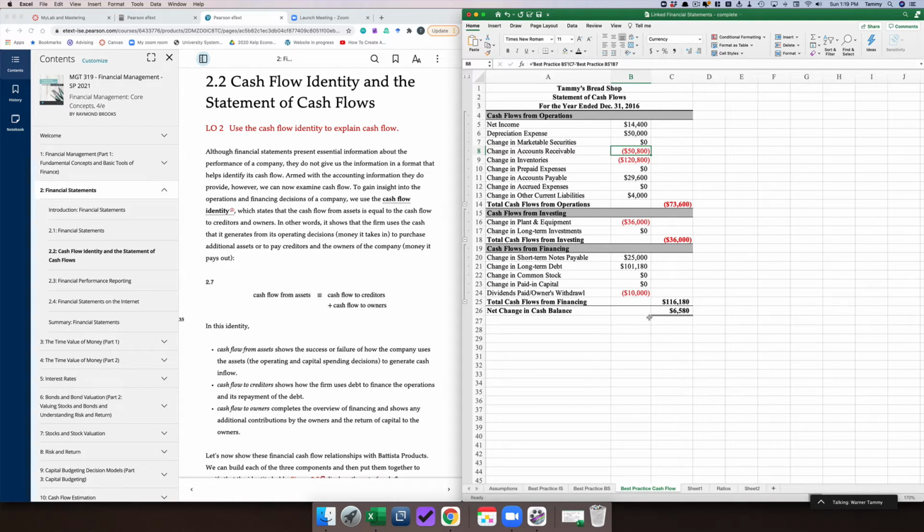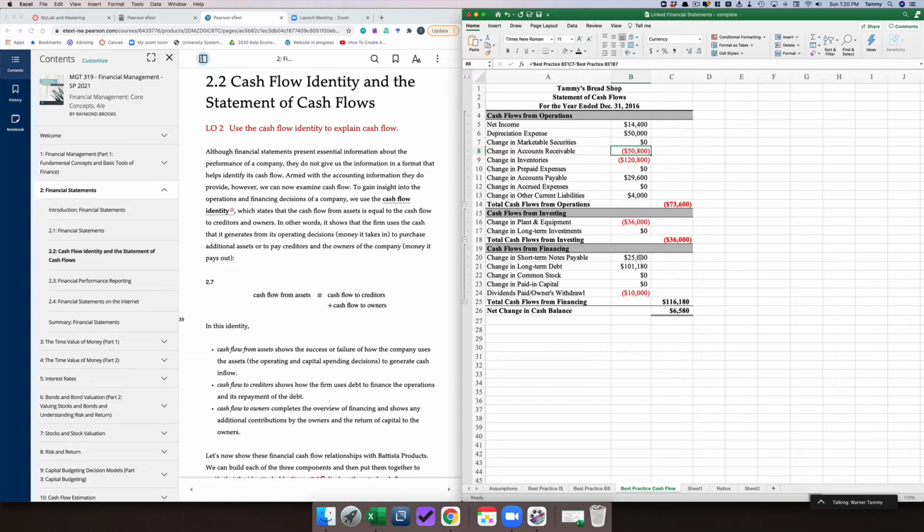The statement of cash flows differentiates cash flows from operations, which is your net income adjusted for depreciation, and then looking at the differences in your balance sheet accounts that have to do with operations. And then cash flows from investing, that means new plant and equipment that you've purchased. In this case, if you have purchased new plant and equipment, then that is a negative cash flow because the cash is going out to buy this stuff.